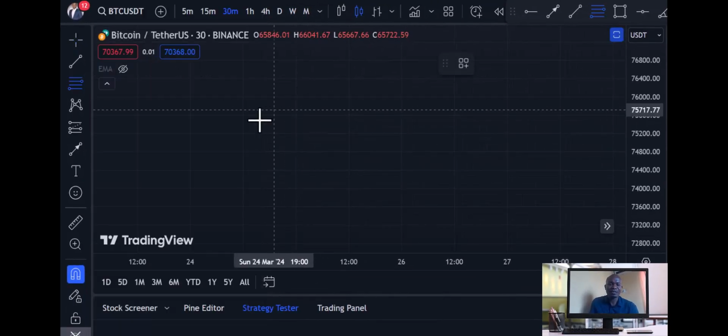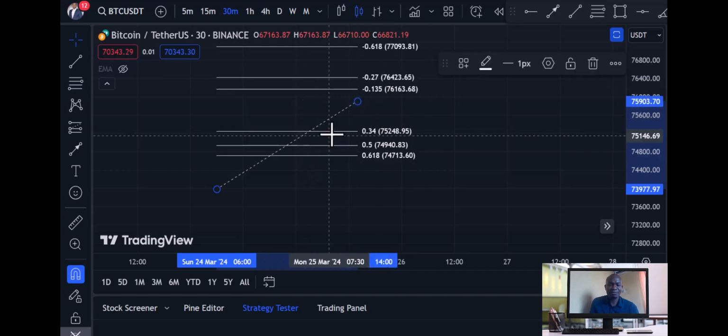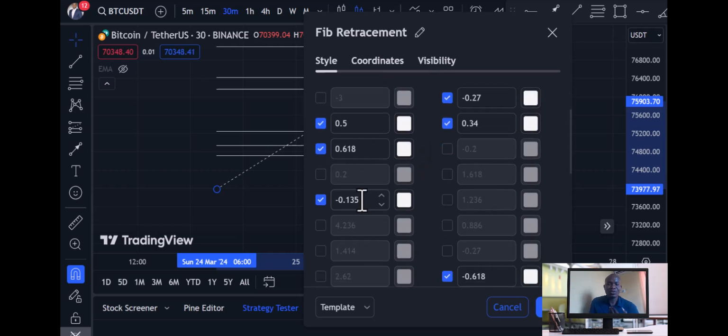So if you pull out this Fib, just draw it on your chart, you will see different numbers. Yours might not be as clean, so you just click on the settings and you'll be able to see different numbers here. Then all you need to do is select the ones that apply to you. For retracement, I use 0.5, 0.618, 0.34. Then for extension, we are using minus 0.135.